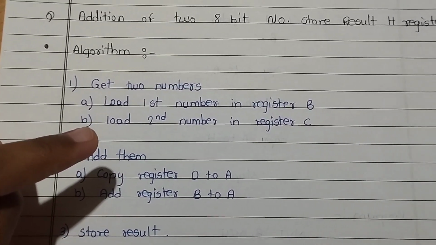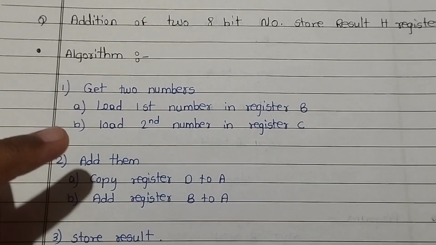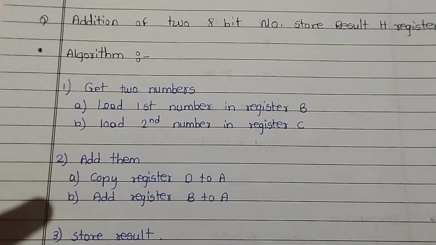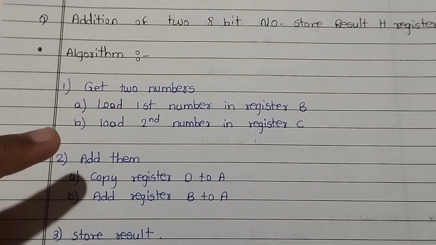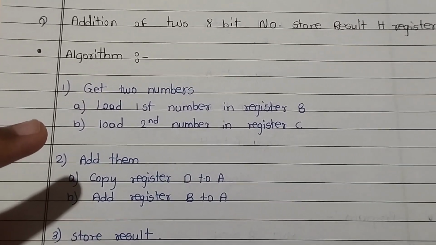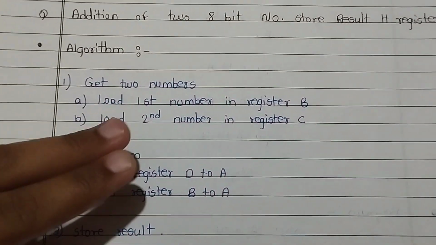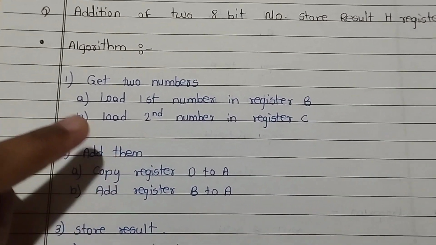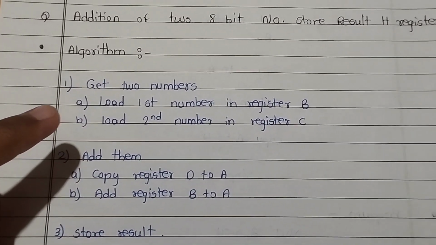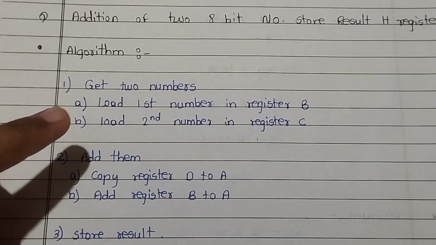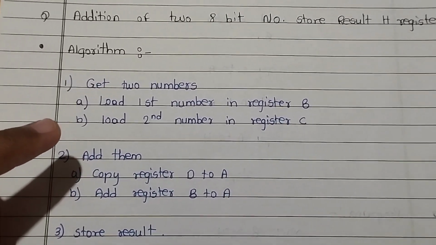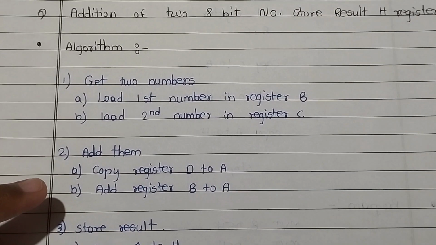As I told you, an algorithm is a step-by-step procedure which we follow to solve the given problem statement. So first, we want two 8-bit numbers to add them. That's why our first step is get two numbers and load them into the registers. Now second, add them.